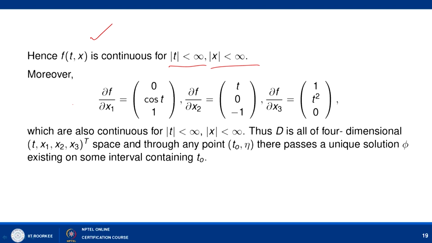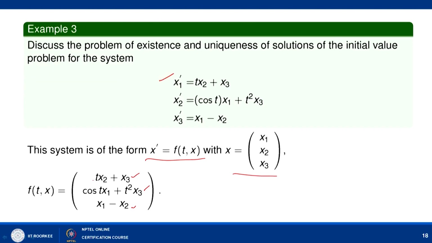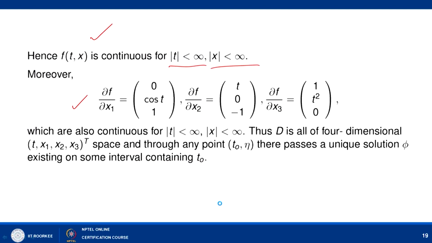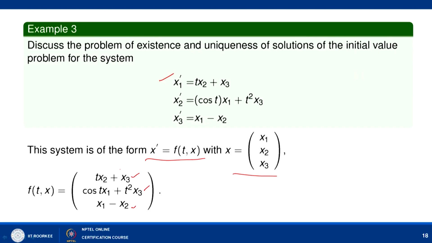Now, look at the partial derivative of f. So, the partial derivative of f with respect to x1 is 0, cos t and 1. That you can easily verify. Del f by del x1 means del f1 by del x1, del f2 by del x1 and del f3 by del x1. So, del f1 by del x1 is basically 0, as there is no component of x1, and here it is cos of t and here it is 1.